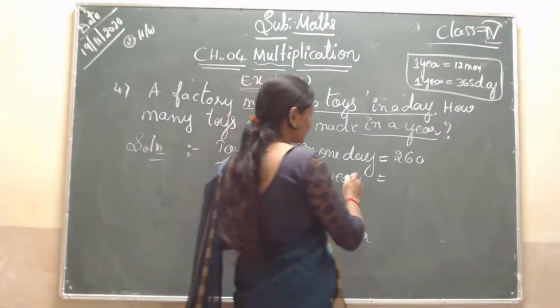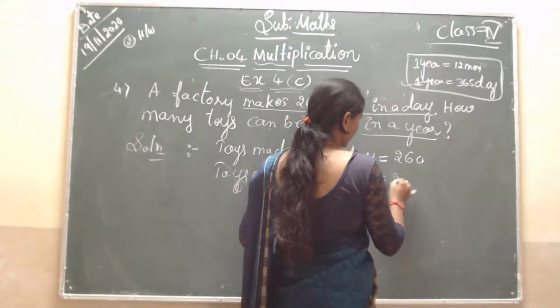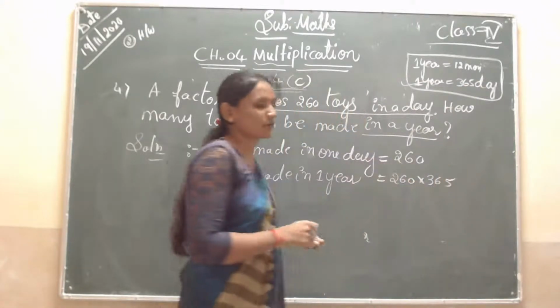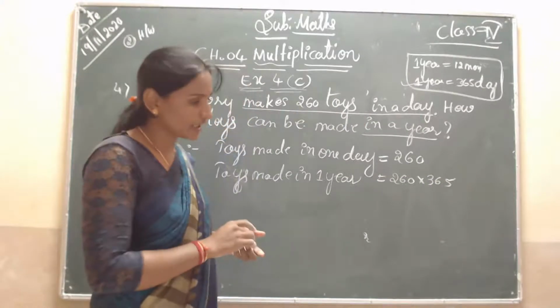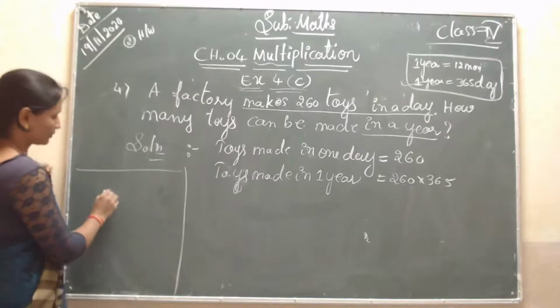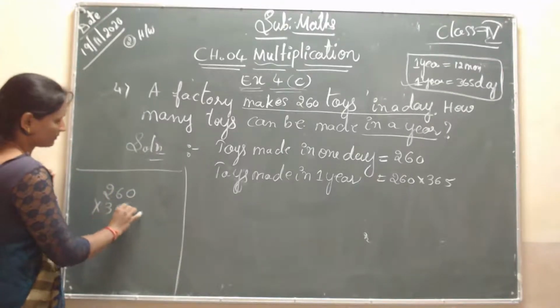So 1 year, you already know, you have to consider 365 days, because it is 260 into 365. So how do you do the multiplication, students? 260 into 365.